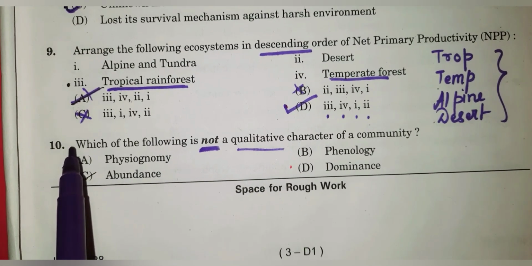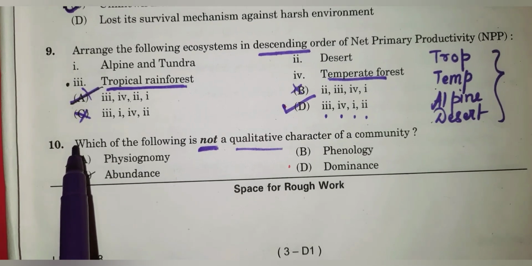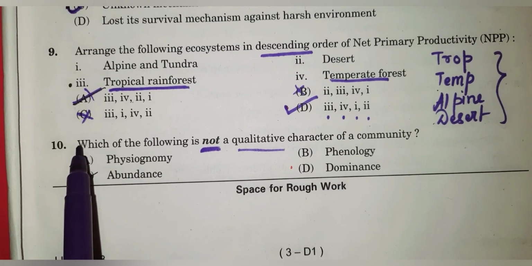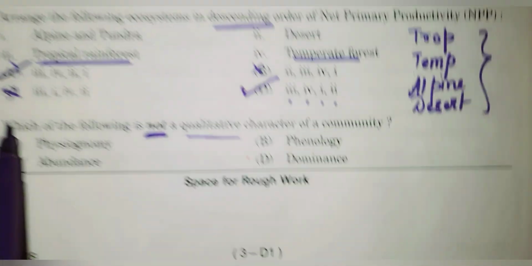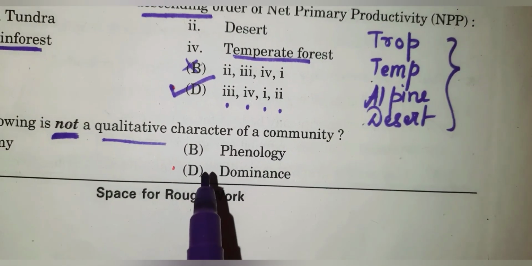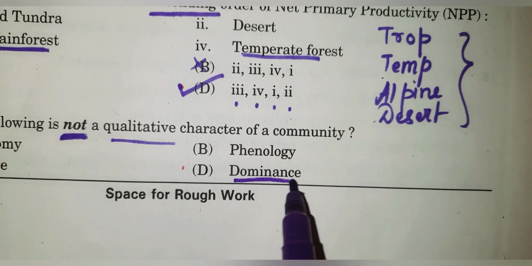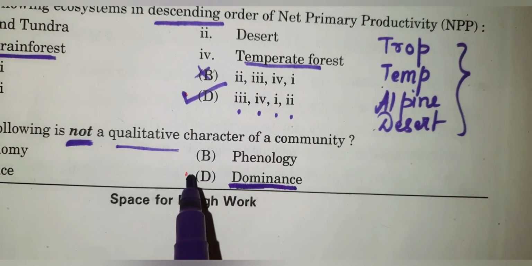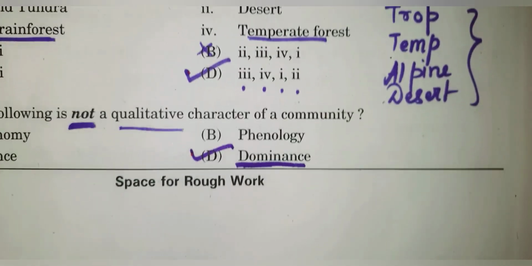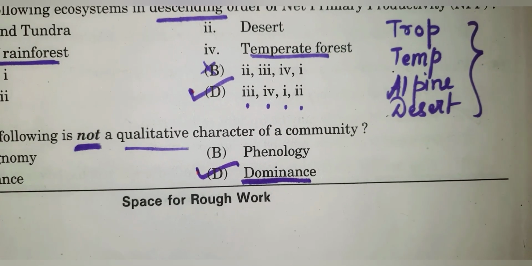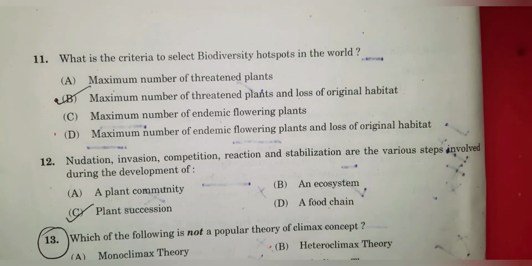How abundant a particular species is in that particular community. So this is also a qualitative character. Left with one last one, which is dominance. Dominance cannot be a qualitative character. So this is your correct answer.